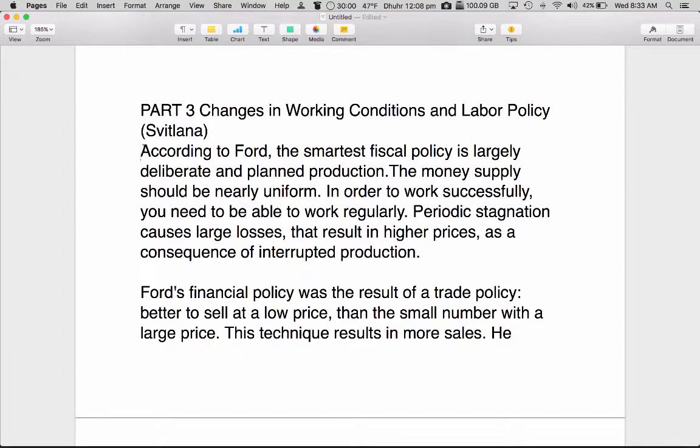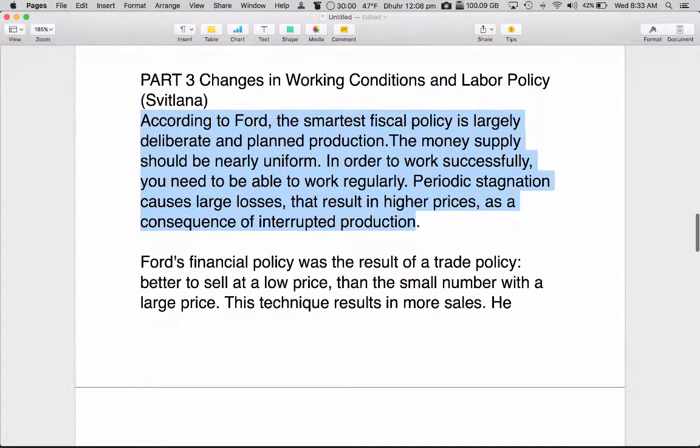So let's start again. According to Ford, the smartest fiscal policy is largely deliberate and planned production. The money supply should be nearly uniform. In order to work successfully, you need to be able to work regularly. Periodic stagnation causes large losses that result in higher prices as a consequence of interrupted production.